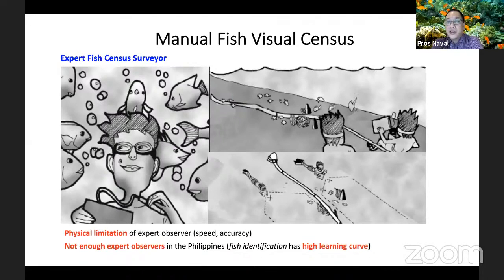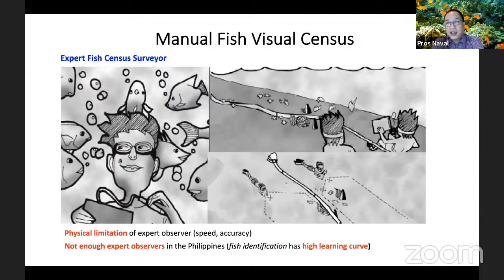So remember that the fishes are all moving, and it's hard to actually count the fish per unit volume. So a fish expert would imagine a unit volume, or more concretely a 5 by 5 by 5 meter unit volume in front of him or her.